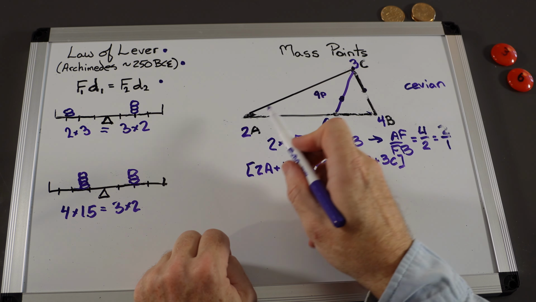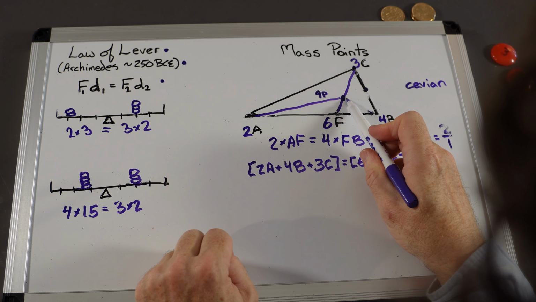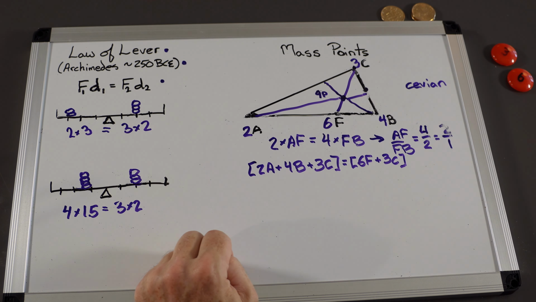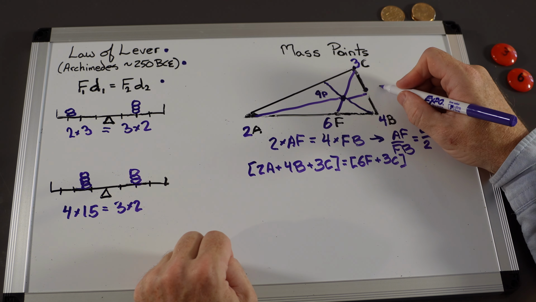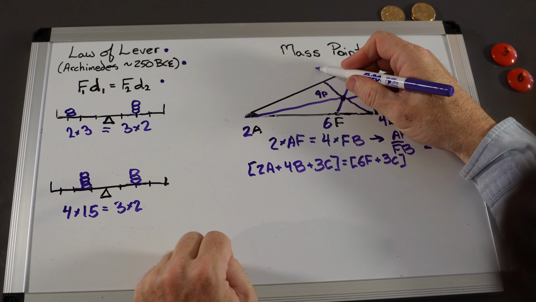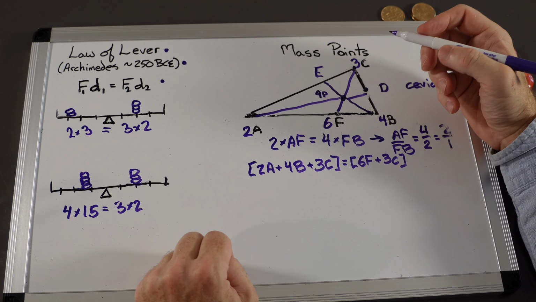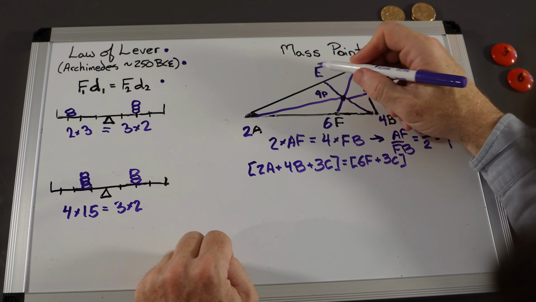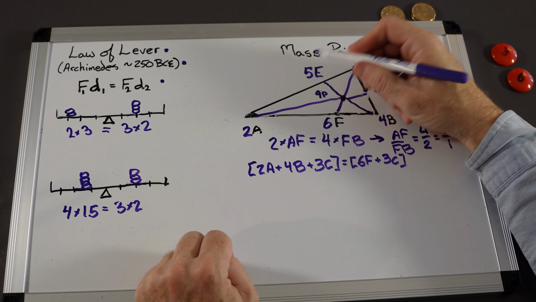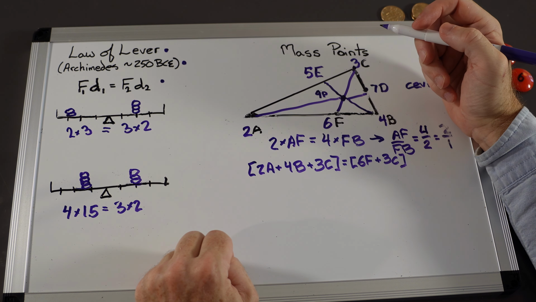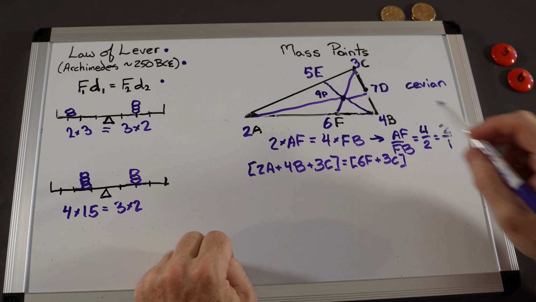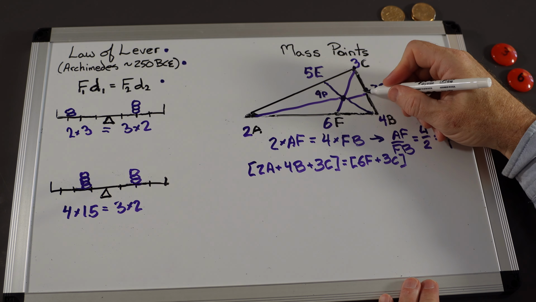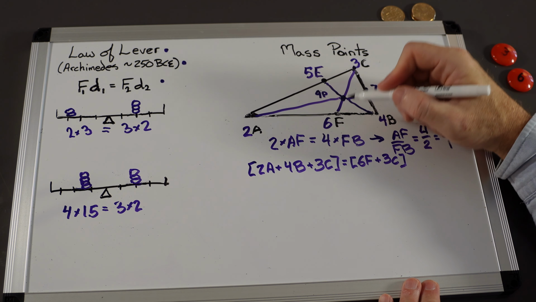I can draw the other two Cevians from vertices A and B through P. And we'll assign these feet letters D and E. If we had balanced along BC, there would be a mass of 7 at D, and if we had balanced along AC, there would be a mass of 5 at E. There are now 6 divided segments in the diagram, 3 sides and 3 Cevians. Mass points can be used to solve for all 6 ratios.